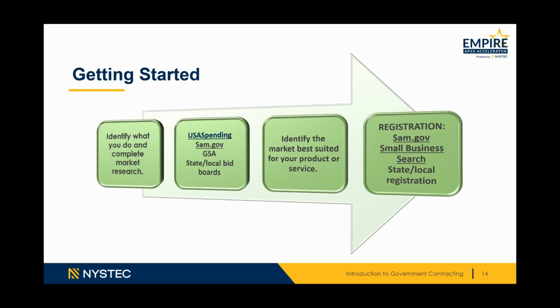That's where the federal government will go and do market research to see if they can do a small business set-aside. Prime contractors will go there to look for subcontractors that can fit their needs. So you really want to be in that Small Business Search.